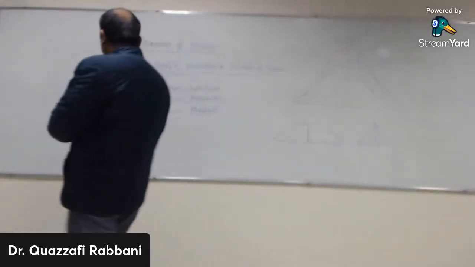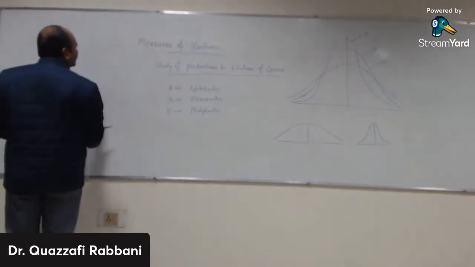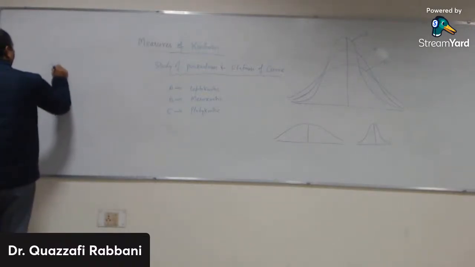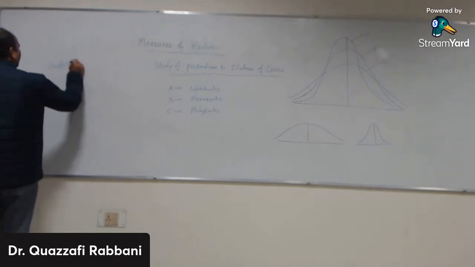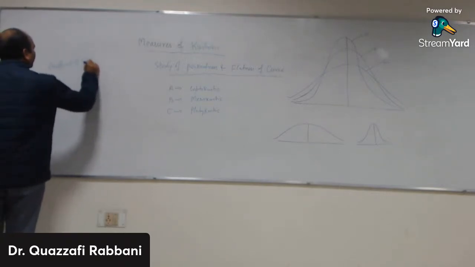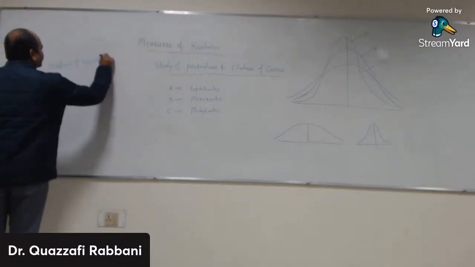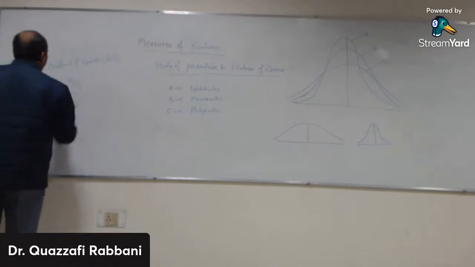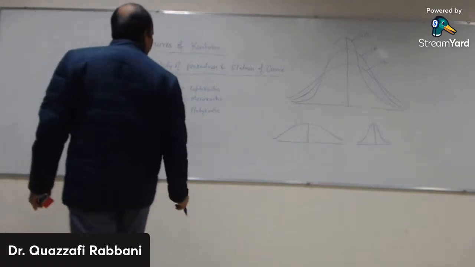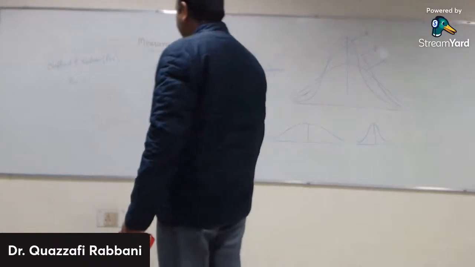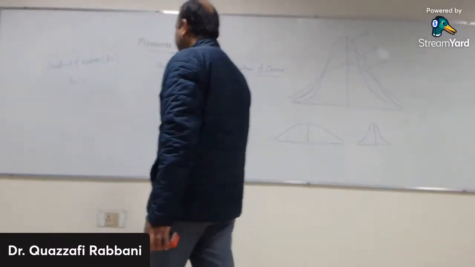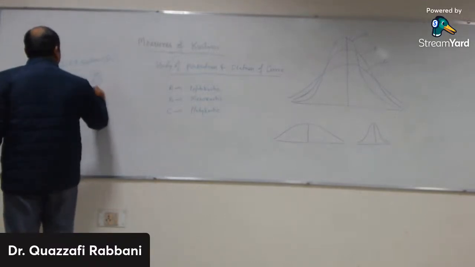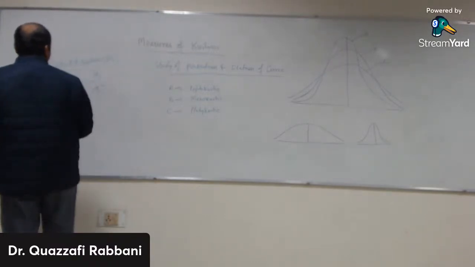Now for finding the coefficient of kurtosis. This is denoted by beta 2, and we always use the moments. By using moments we can obtain the coefficient of kurtosis. So here it is mu 4 divided by mu 2 square.